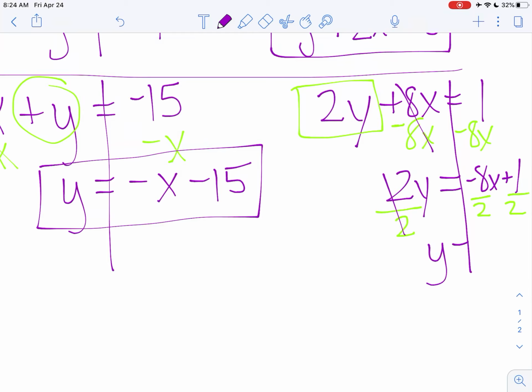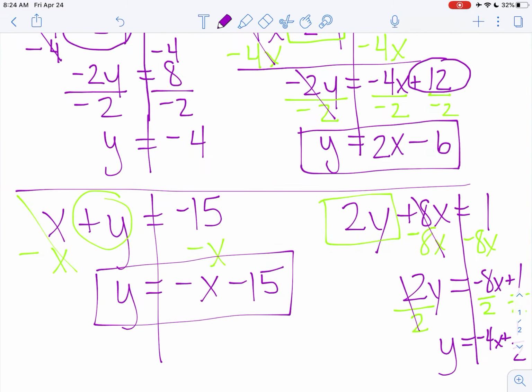That cancels out. I'm left with y is equal to negative 8 divided by 2 is negative 4x. And then I have 1 divided by 2. I can't simplify that, so that's going to be 1/2. So my answer would be negative 4x plus 1/2.